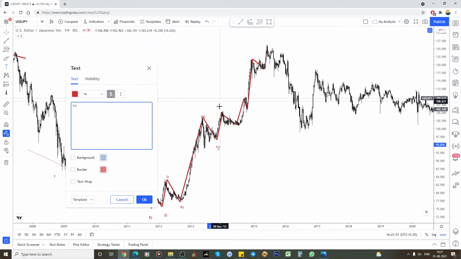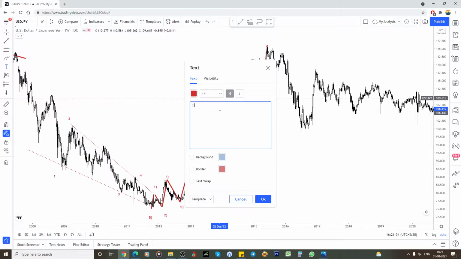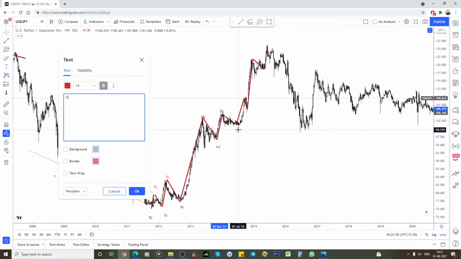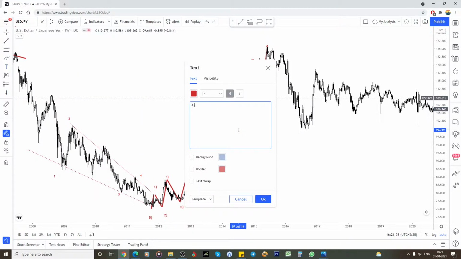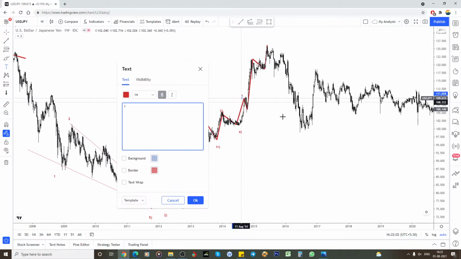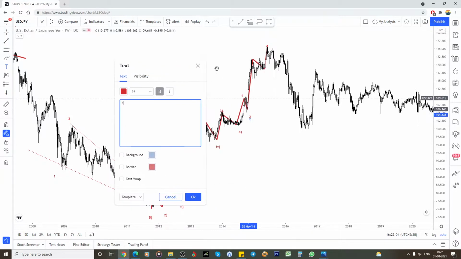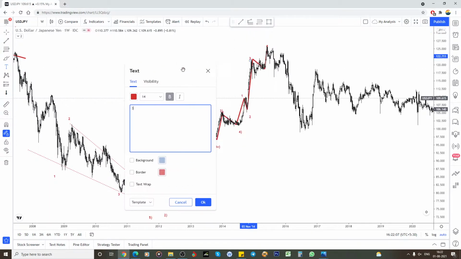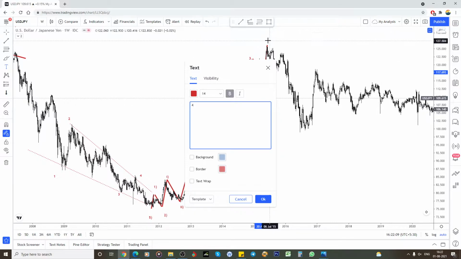Again I make this a 5 as a completion of the third. So this is the fourth wave, and the fifth wave is also split into wave 1, wave 2, wave 3, wave 4, and again wave 5.